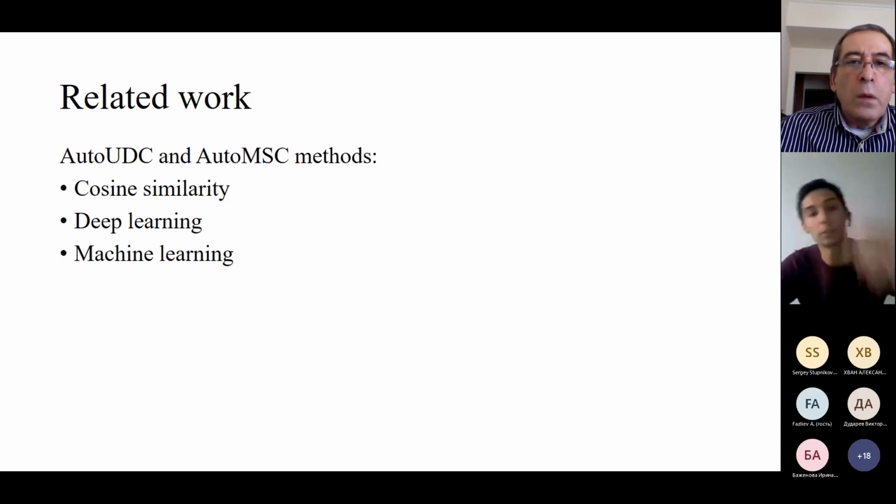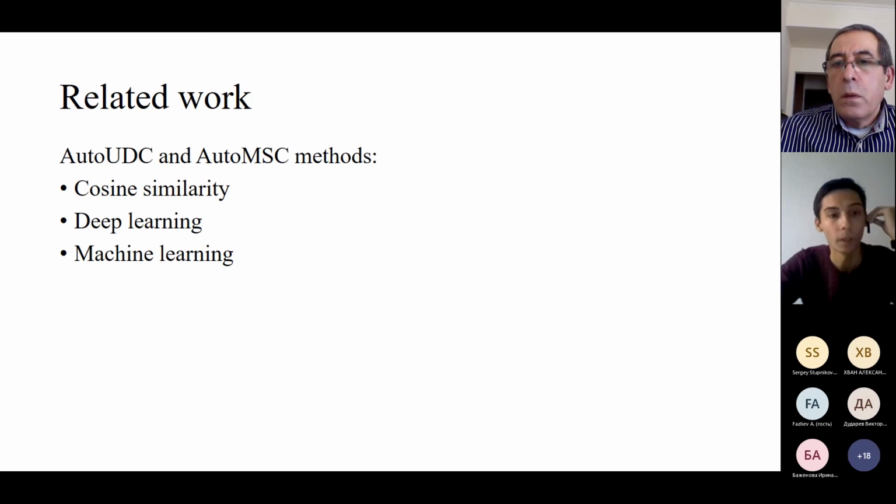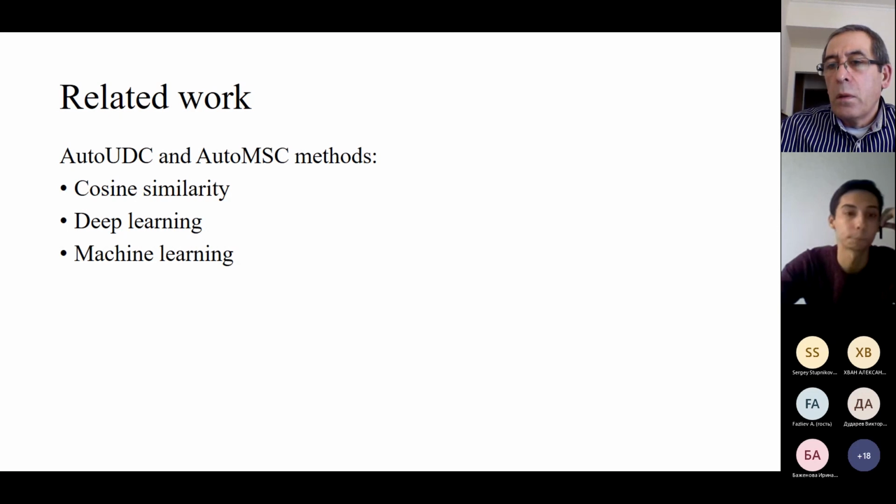Также рассматриваются методы машинного обучения, в частности, наивные байесовские классификаторы, которые также зависят от большого количества параметров, но не зависят от начальных векторов, как косинусная мера. Является наиболее перспективным для разработки.